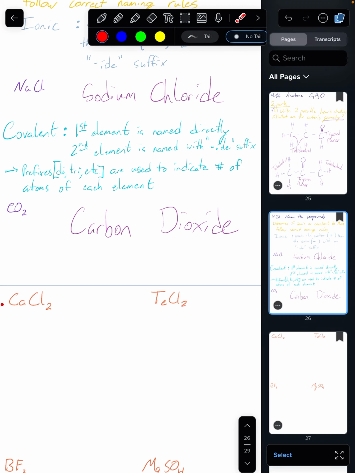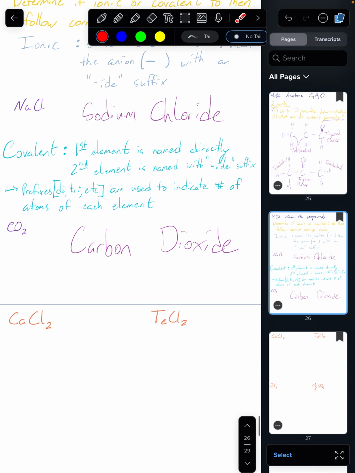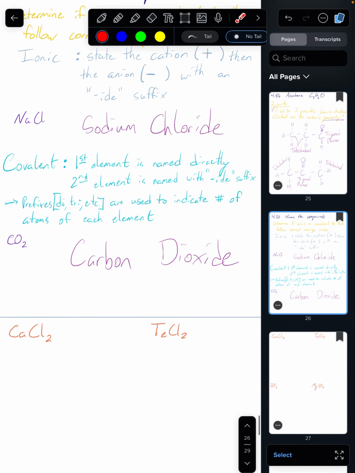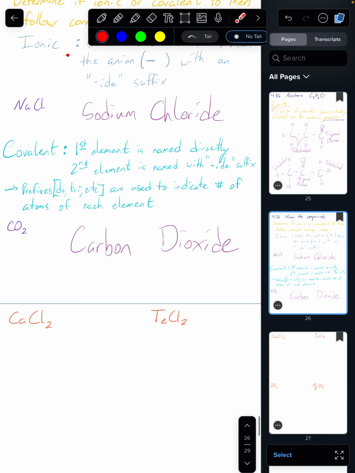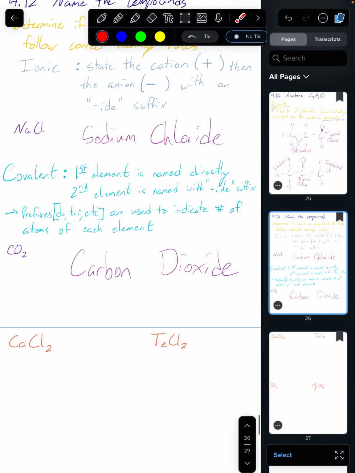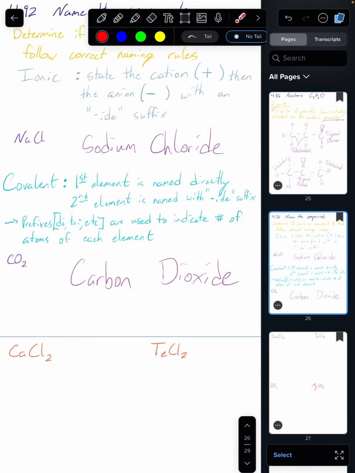So, for this one here, you know this is calcium, and then it's chloride. This calcium is bonded to two of them. However, it is an ionic bond. Okay?